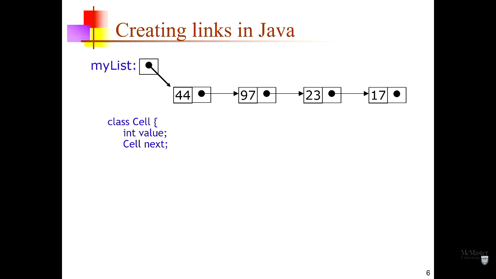The reference to the next one is also of type node or cell, because your next one is a node or a cell. So this is why here you make your cell class that has a value and a next reference to another cell. And then this is just a constructor that takes a value and the reference to the next one and initializes your own values, right?